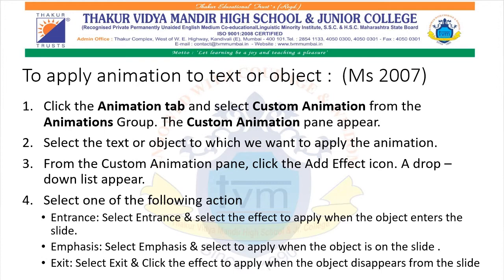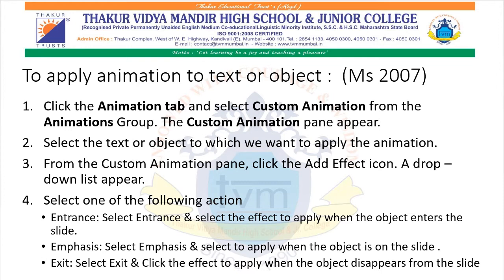When we select the entrance effect, it is applied to the text or object when we need to give an effect while they enter the slide. When we select emphasis, this effect is applied to the text or object when we need that particular text or object to have an effect while they are on the slide.